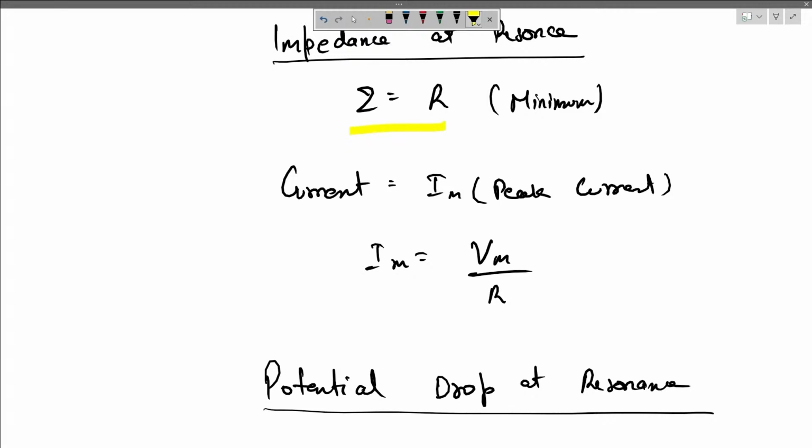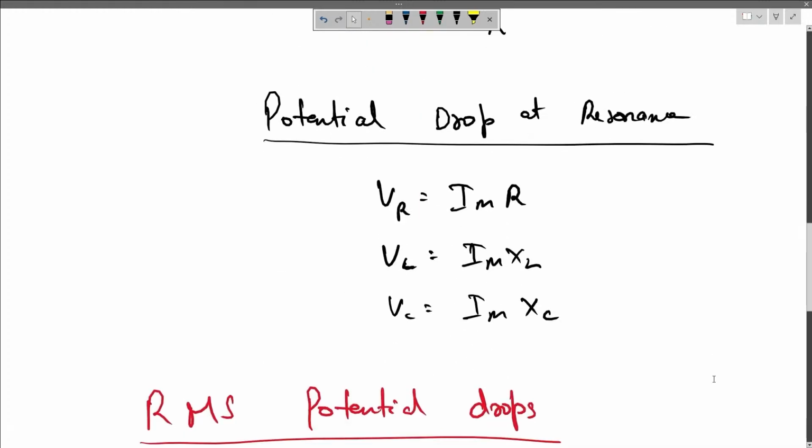Now the current at resonance is given by the voltage divided by the impedance, or the resistance, and the peak current is similarly defined by the peak voltage divided by the resistance. The potential drop at resonance is given by VR equals Im multiplied by R, where Im is the peak current and R is the resistance.